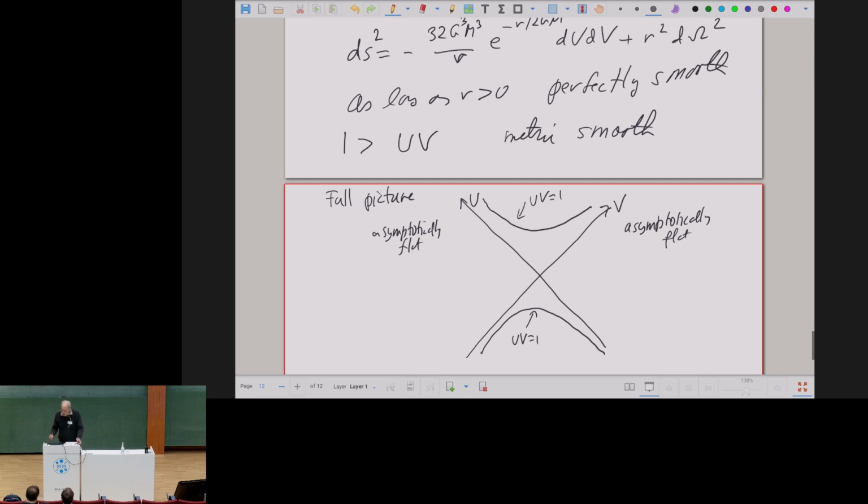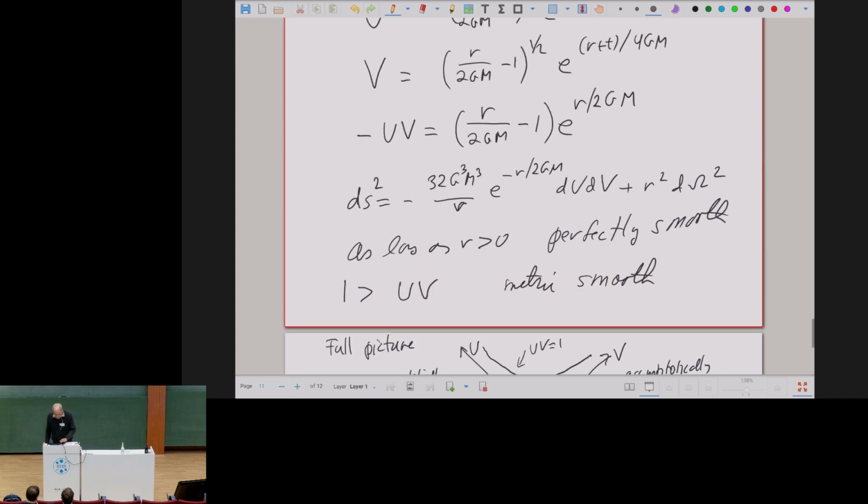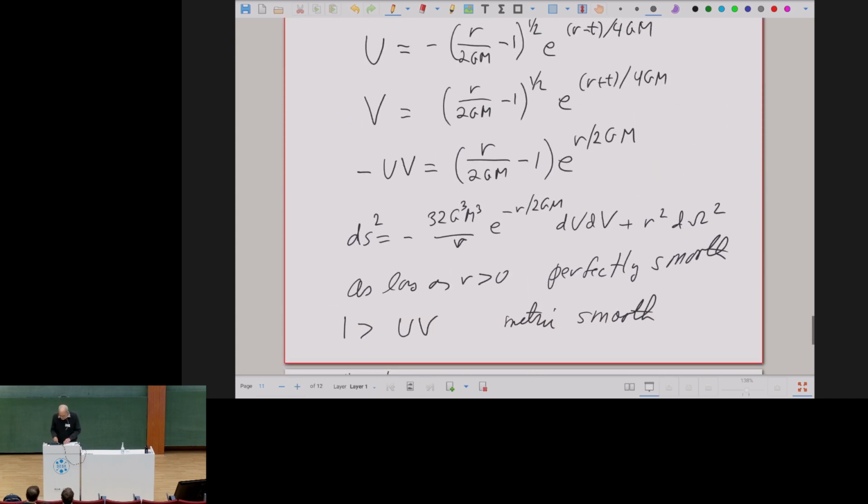You see, if I go to the left or right in the picture, either u is positive and v is negative, or vice versa, so the product uv is negative. And this nice formula shows me that if uv becomes very negative, then r becomes large. So when uv is going to minus infinity, r is going to plus infinity.